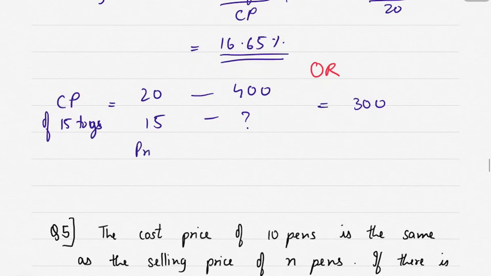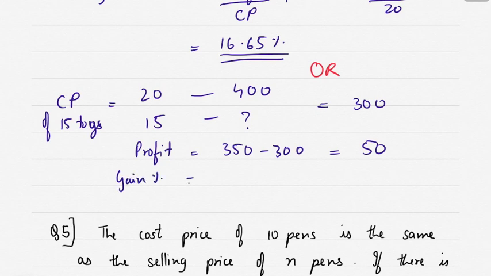So profit would be 350 minus 300. That means profit is 50 rupees, right? And profit percentage or gain percent would be 50 divided by 300 into 100.